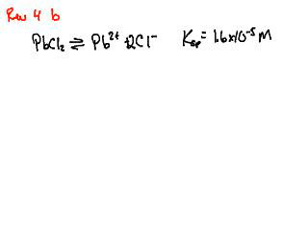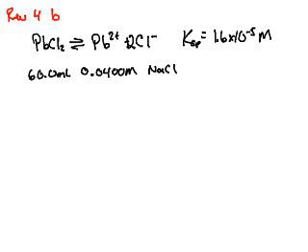We're going to put in there 60 milliliters of 0.0400 molar NaCl, and we're going to put in there 60 milliliters of 0.0300 molar lead nitrate.